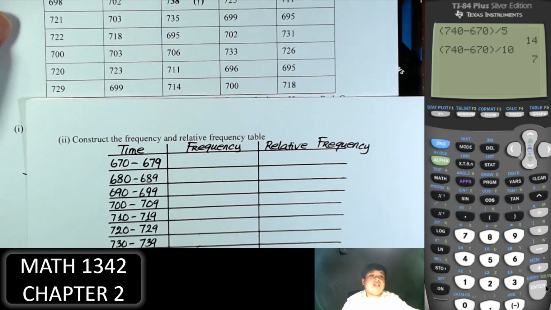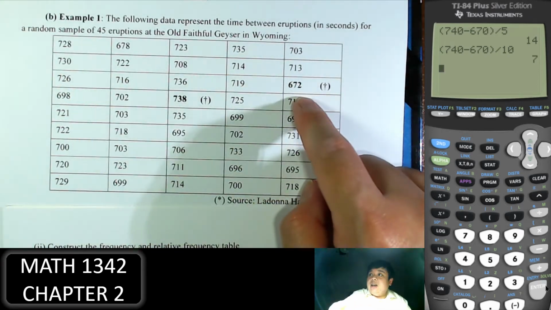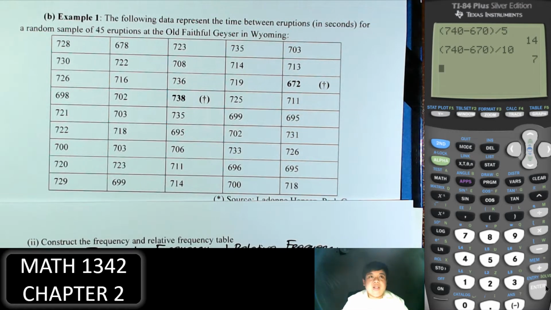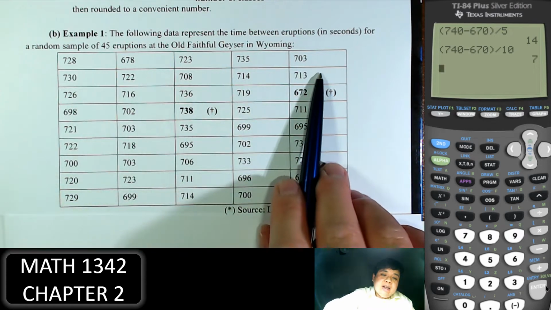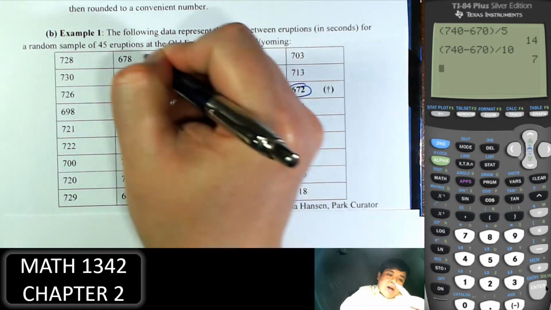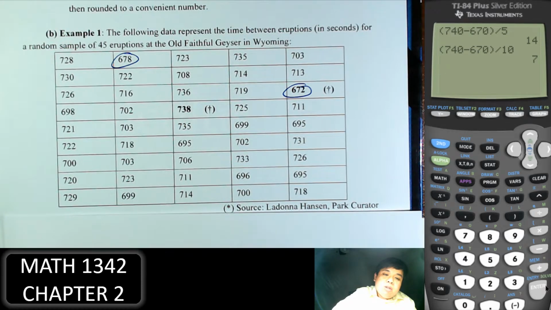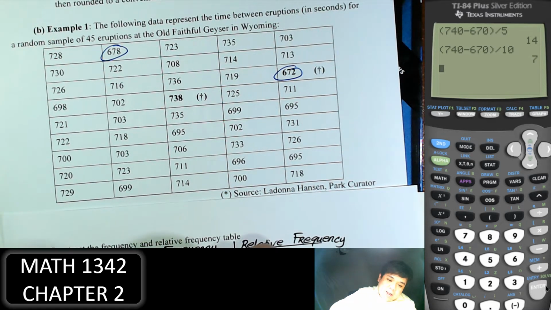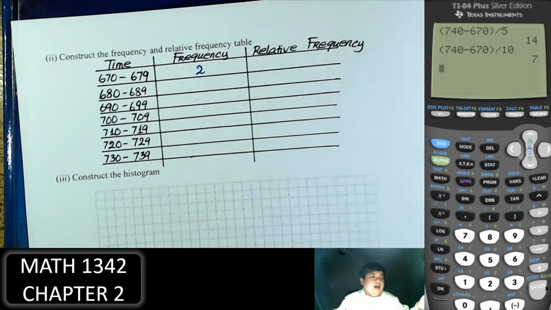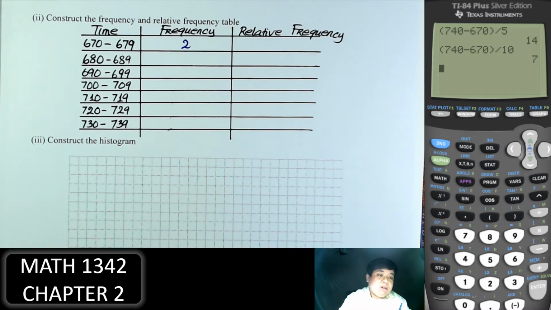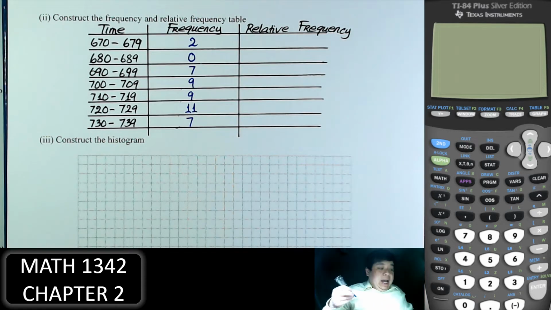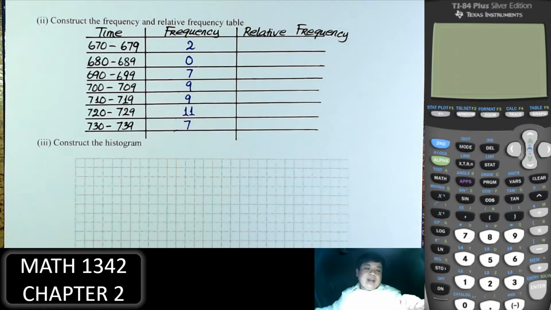The next step is to just count how many we have in each class, and then we put it in the table. Just counting. The 670s, how many do we have? 1, and then 2. You can pause the video here. I'm going to pause the video and count, so we don't have to spend too much time on the video counting. Now if we count, that's what we have.